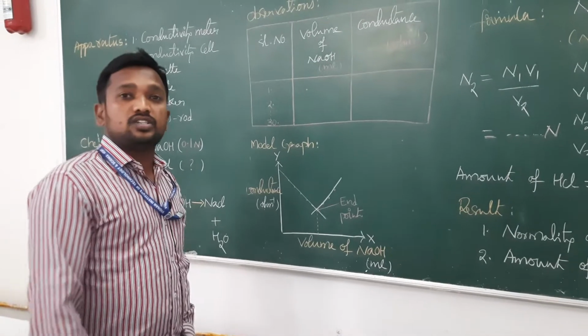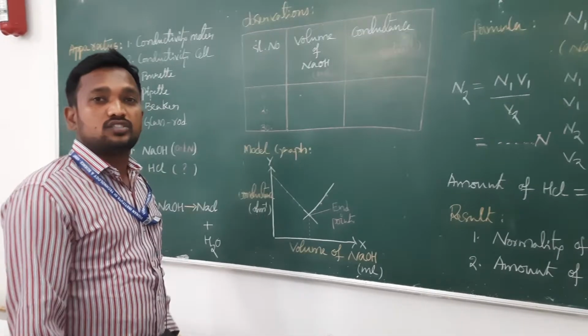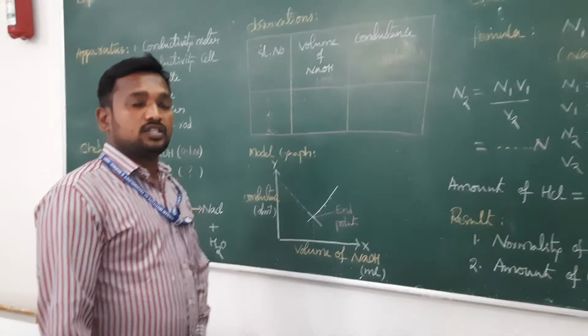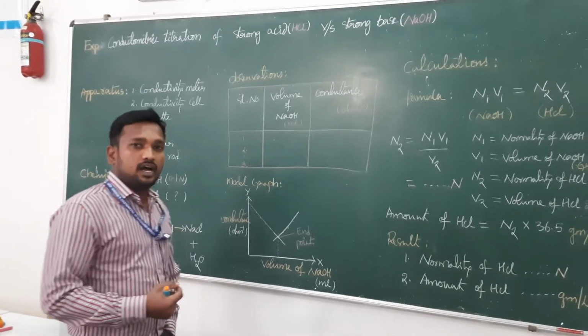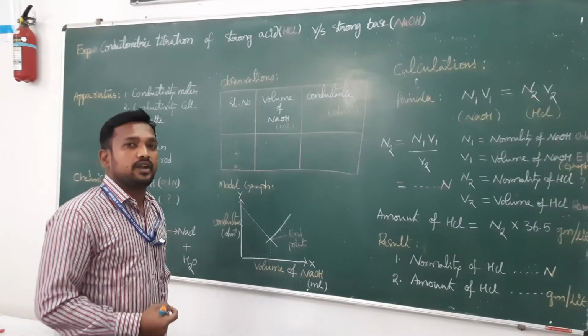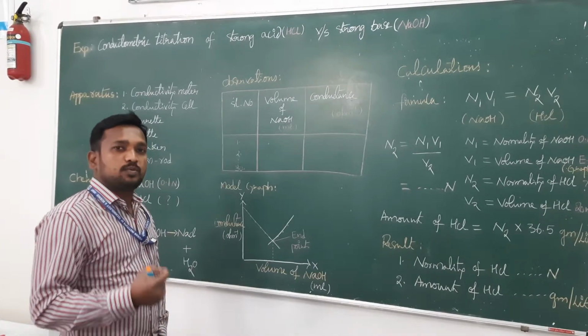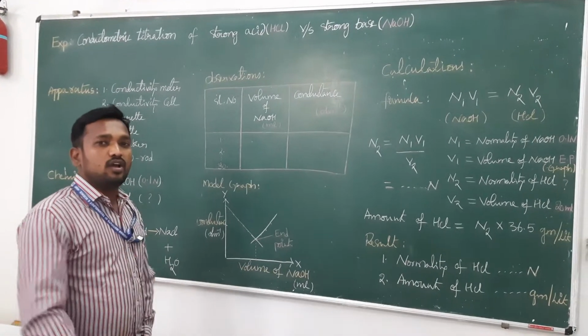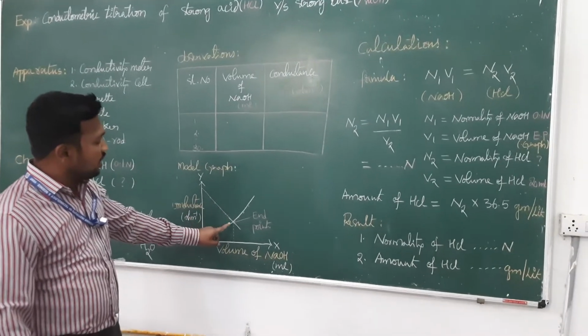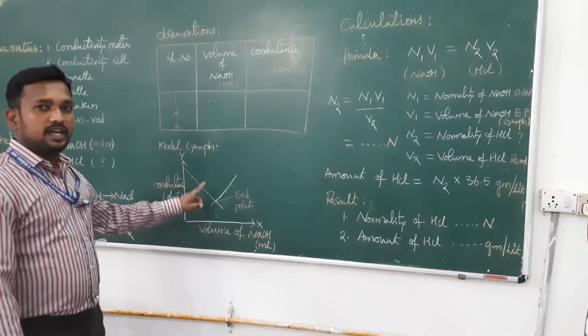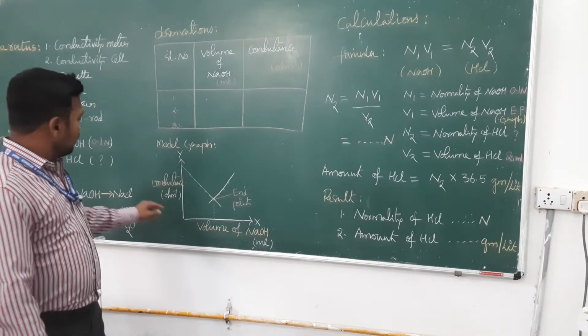solution. The conductance slowly decreases, because the highly mobile H+ ions are replaced by OH- ions. That's why the conductance gradually decreases.